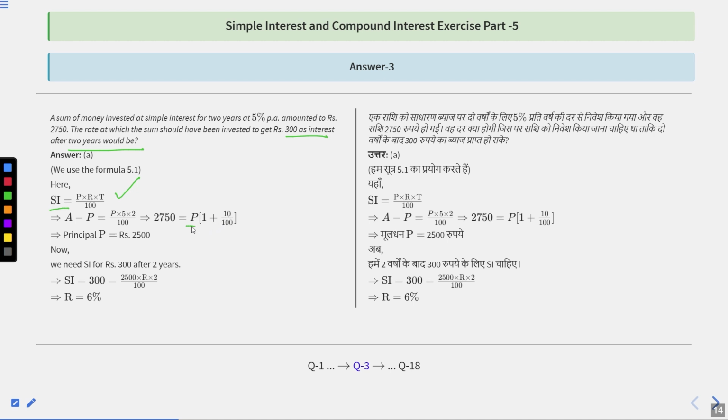Clear? So the principal will become 2,500 when we calculate it. Now we need simple interest of 300 rupees after 2 years. So the simple interest will be 300. So we calculate 2,500 into R into 2 upon 100, and we get R, which is 6%. Clear? Next one.